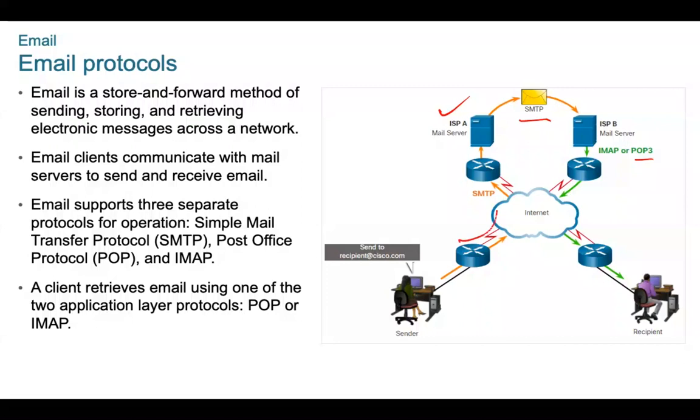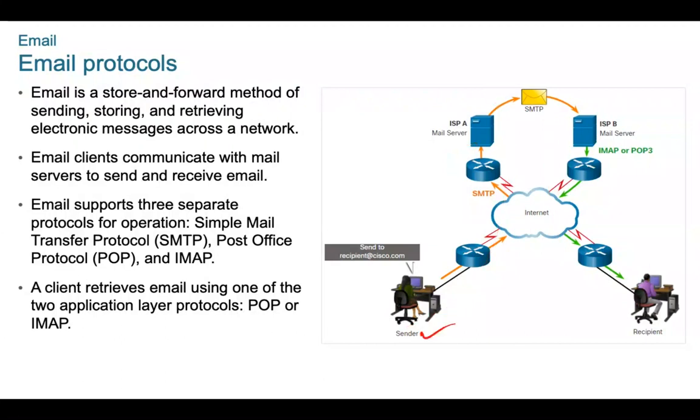It will be stored in the email server first, and after that it will be retrieved from the email server. So there is a 3-step process. Email clients communicate with the email server to send and receive emails in their domain.